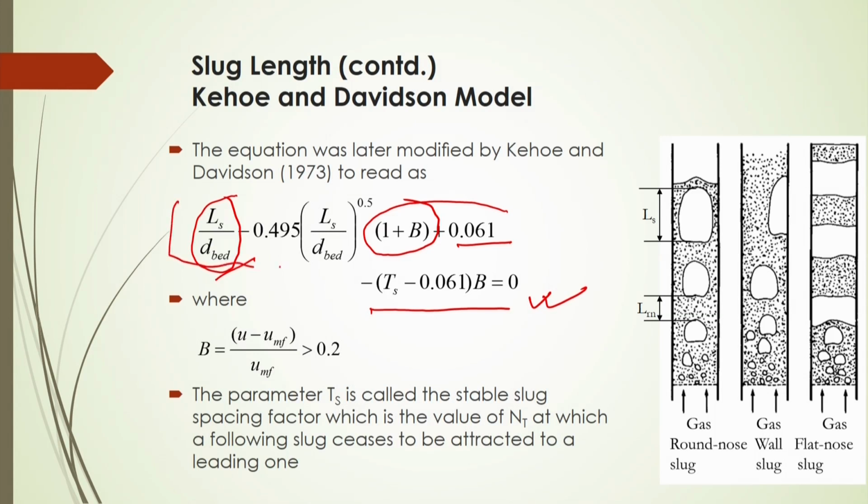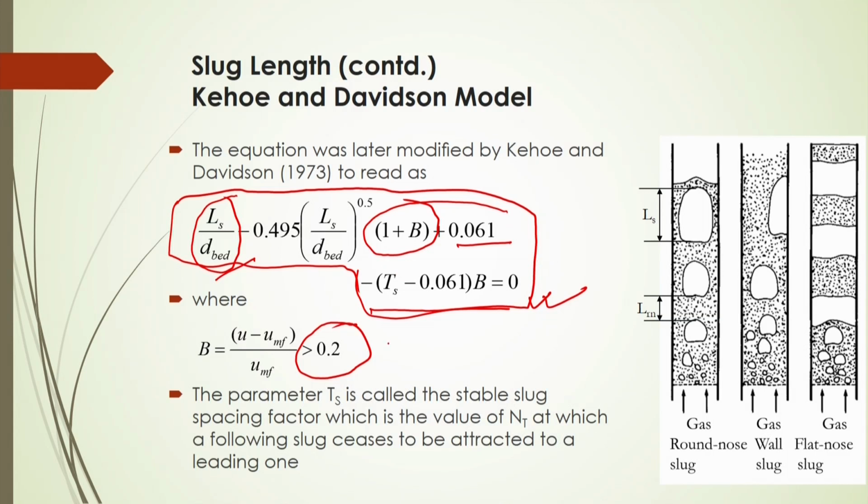So, from these correlations, holding this equation, you have to obtain this B value, which should be greater than 0.2, from which you can say if this equation is satisfied, then you will be able to calculate the Ls value. This is a nonlinear equation which you have to solve by getting the other parameters here.